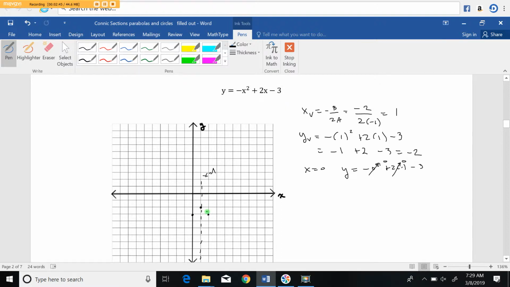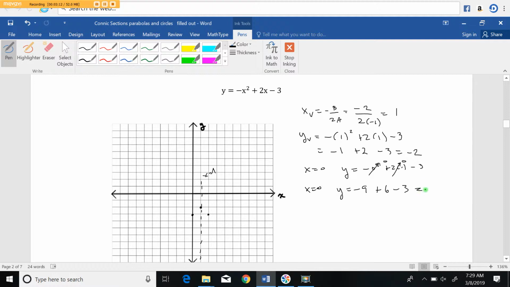And let's grab one more point here to get us a little more of this graph. Let's grab 3 here. So if we put x equals 3 into this equation, minus 3 squared is 9, minus 9, plus 2 times 3 would be plus 6, and then minus 3.